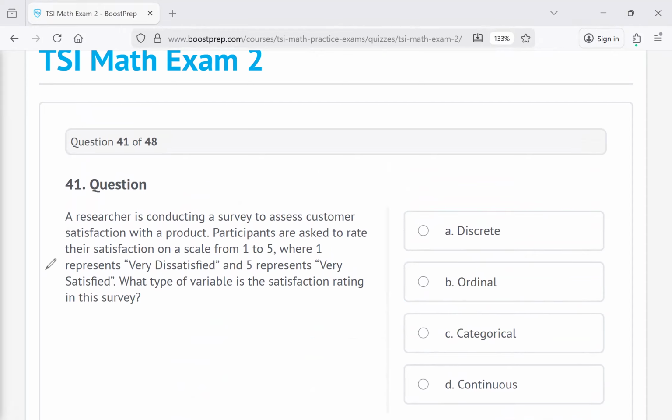A researcher is conducting a survey to assess customer satisfaction with a product. Participants are asked to rate their satisfaction on a scale from 1 to 5, where one represents very dissatisfied and five represents very satisfied. What type of variable is satisfaction rating in this survey? Is it discrete, ordinal, categorical, or continuous?